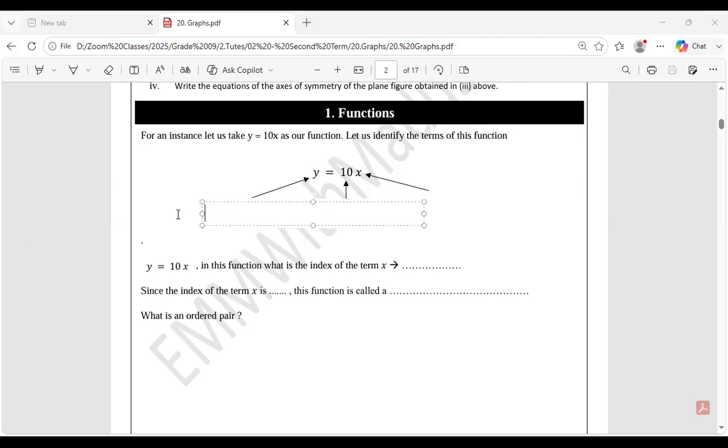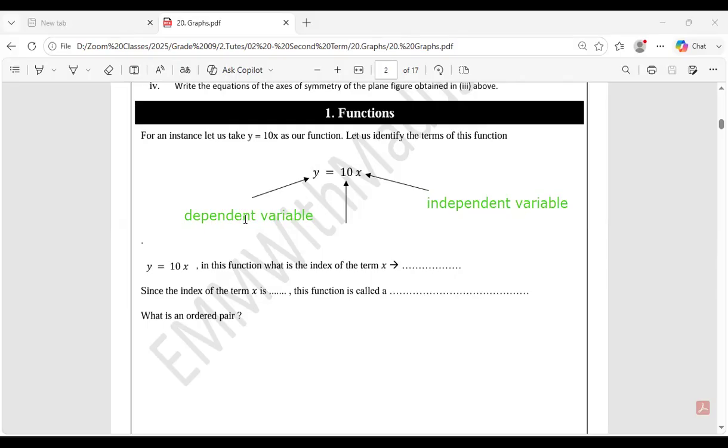It is y, and it is called the dependent variable. If this y becomes the dependent variable, this x should become what? Independent variable. Right.